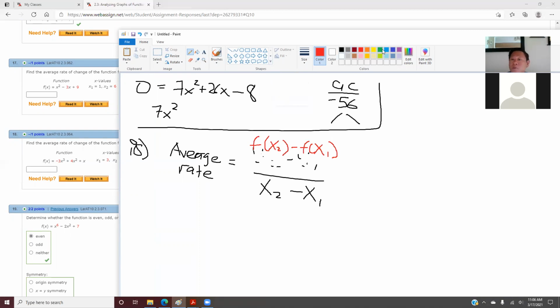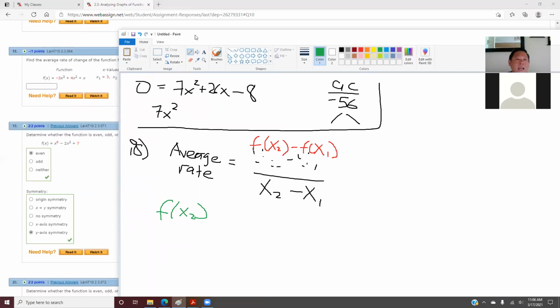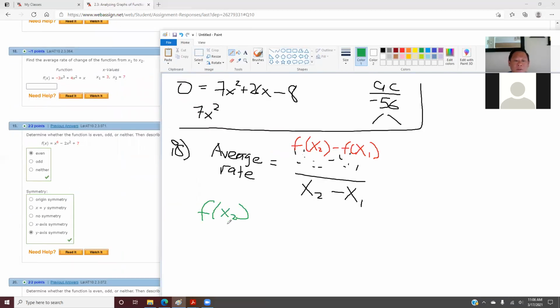So what you need to do first is find f of x2. In question 18, x2 is 7, so you just need to find f of 7. You plug 7 into your x in this function: negative 3 times 7 to the power of 3, plus 4 times 7 squared, plus 7.